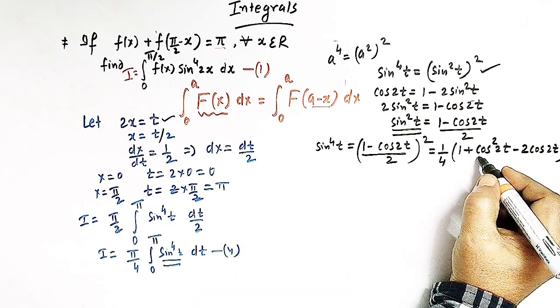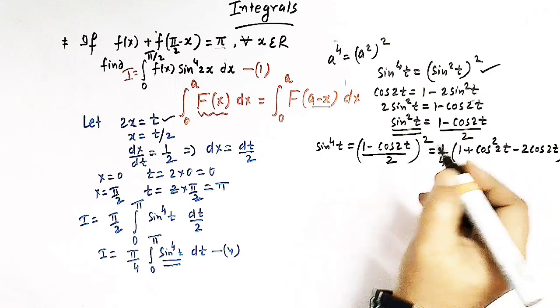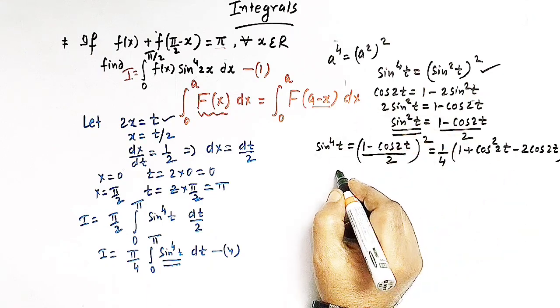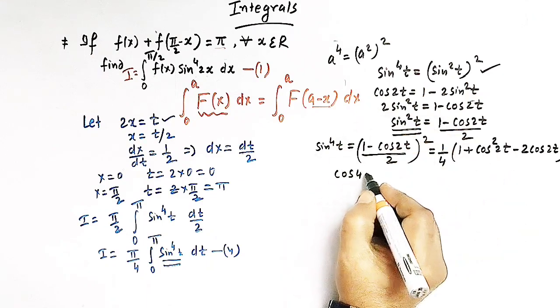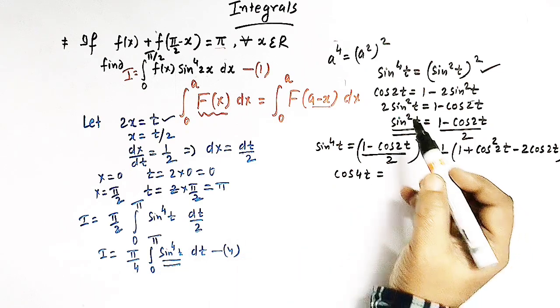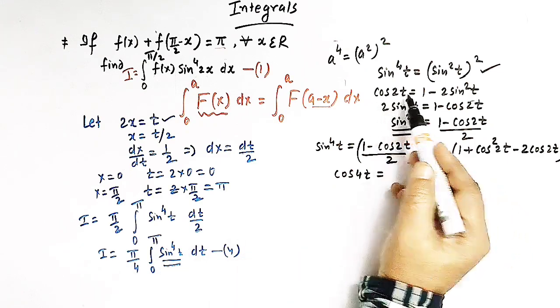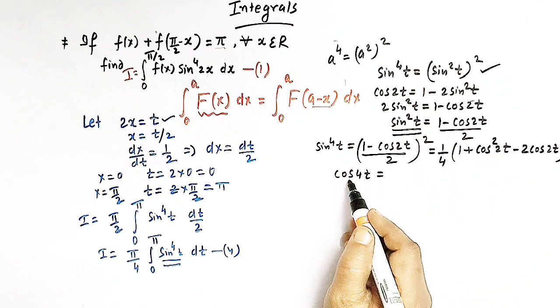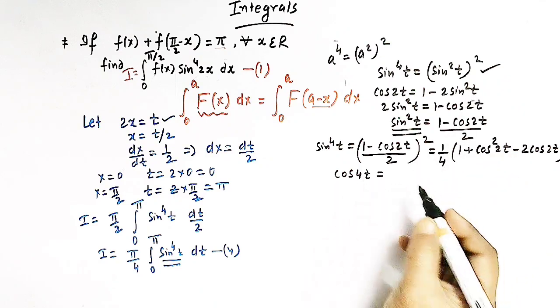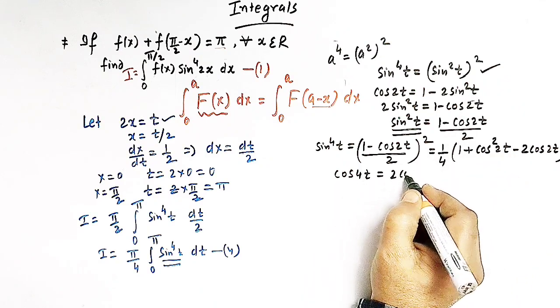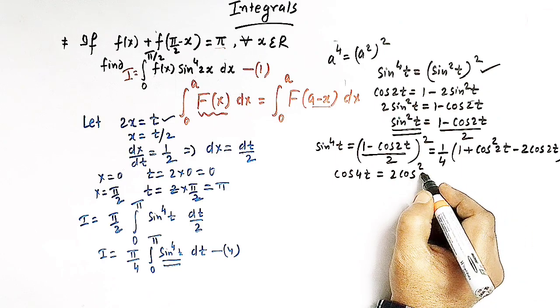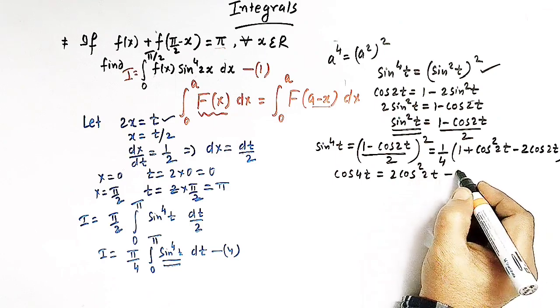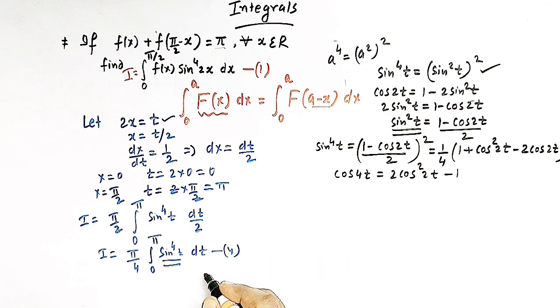Okay, now let us again make use of the formula for cosine 4t, right? So here we have cos 2t is equal to 1 minus 2 sine square t. So the formula for cosine 4t is given by 2 times cos square 2t minus 1, right?